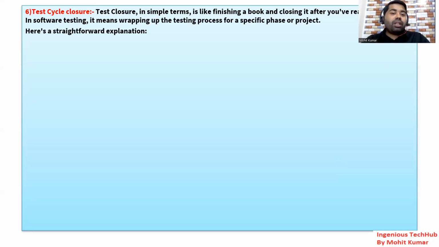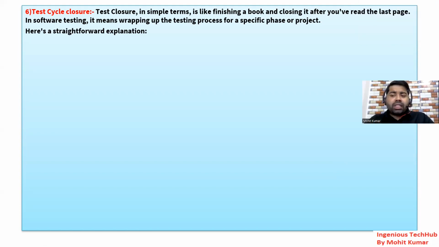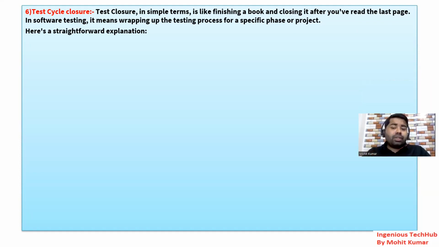Now the most important thing, guys, test cycle closure. Once your team has completed all the testing activity, understood, right? Everything they have done, in the end you have to send a sign-off email to your stakeholder. Hey guys, testing is completed.